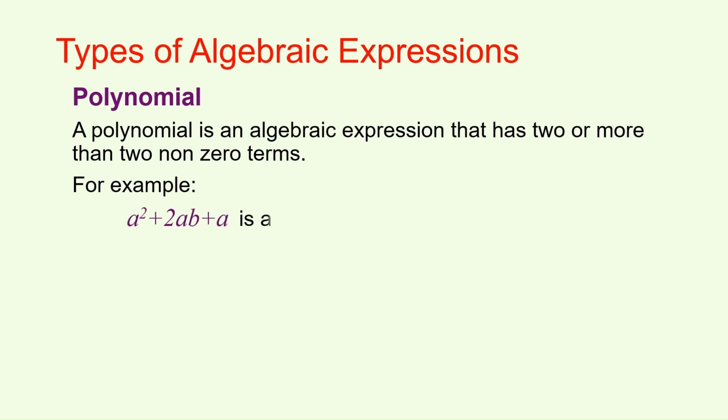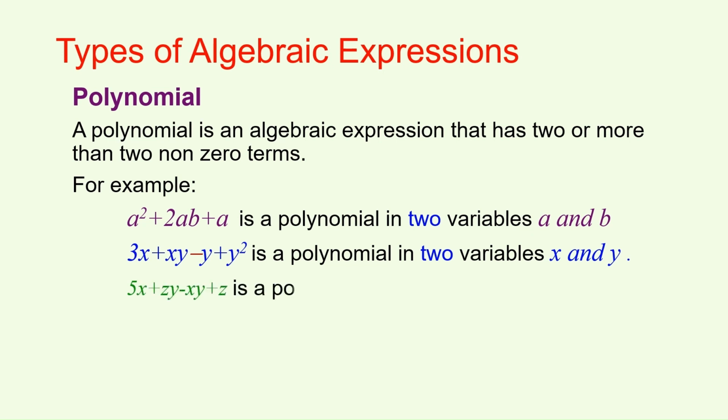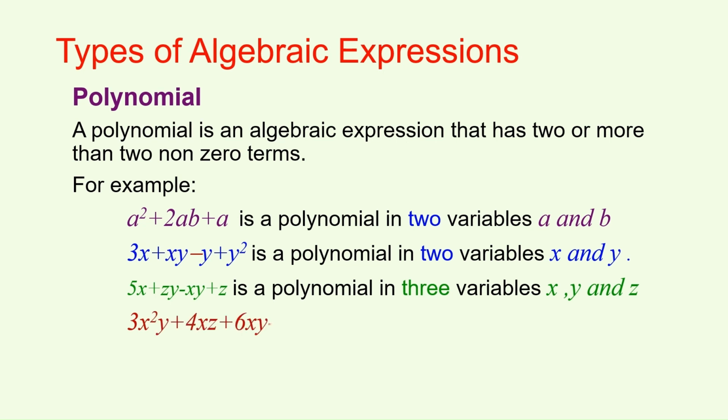For example, a squared plus 2ab plus a is a polynomial in two variables a and b. 3x plus xy minus y plus y squared is a polynomial in two variables x and y. 5x plus zy minus xy plus z is a polynomial in three variables x, y, and z. 3x squared y plus 4xz plus 6xy minus 5xyz is a polynomial in three variables x, y, and z.